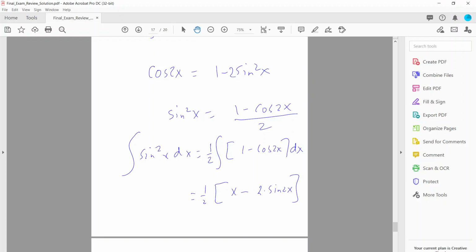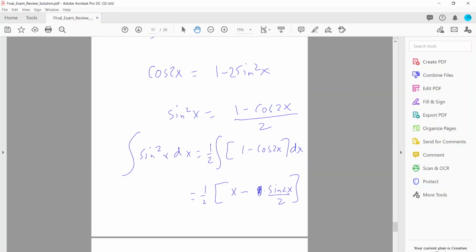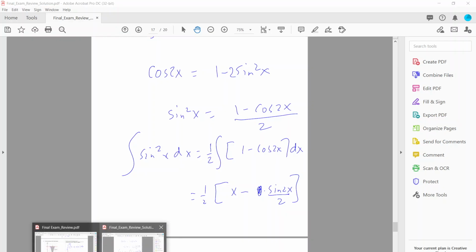So integration of cosine of 2x is sine 2x over 2, because the derivative of sine 2x is 2 times cosine of 2x, and that 2 and this 2 will be cancelled out. So this is the integration you can use for sine square of x here, which is x minus sine 2x over 2.